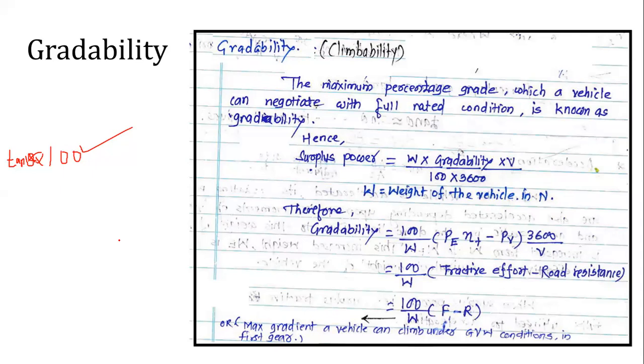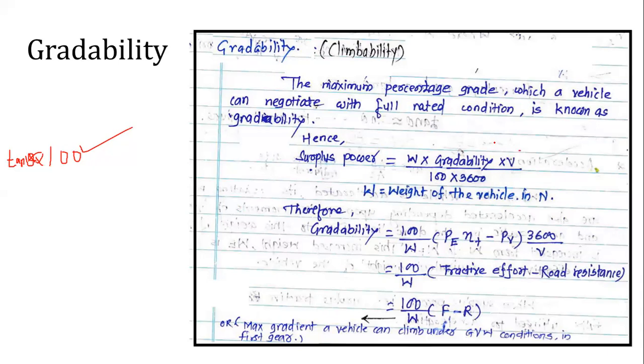So this surplus power is equal to W into gradability into V, the speed of the vehicle, divided by 1000 into 3600.